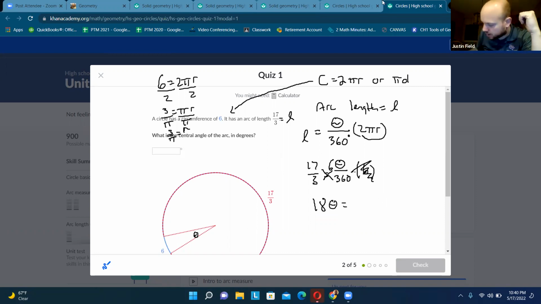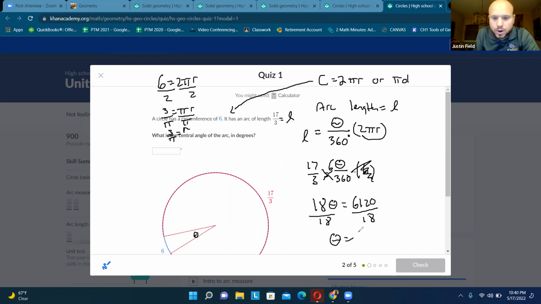What's 17 times 360? 17 times 360 is 6,120. Now let's divide both sides by 18. Divided by 18, 340. This certainly does not look like 340.